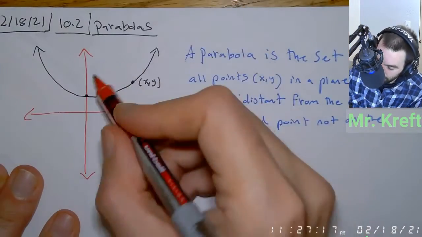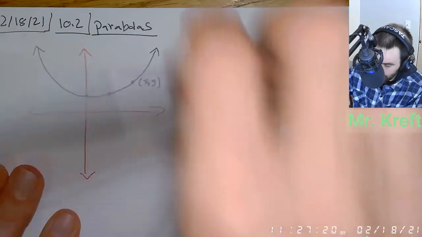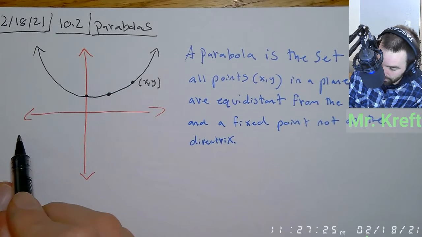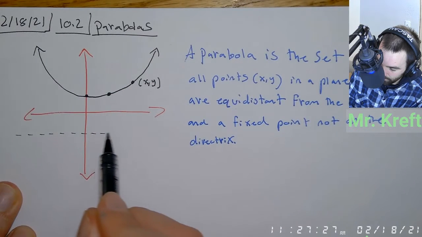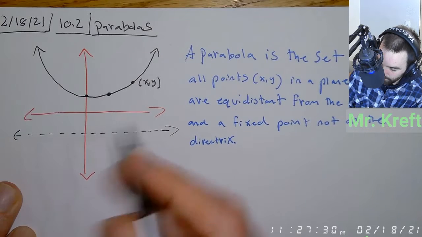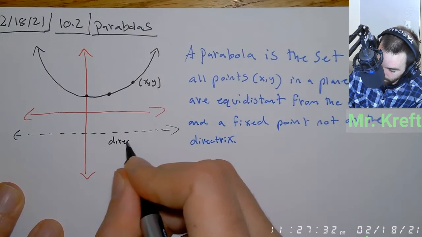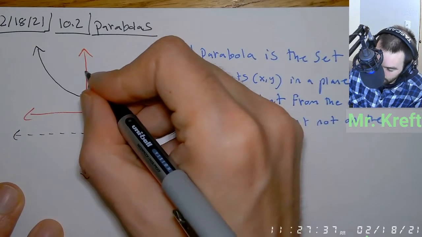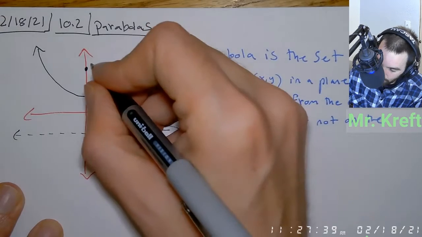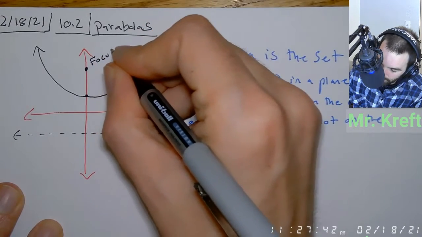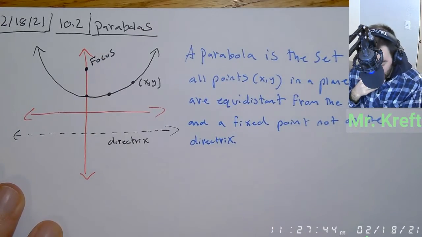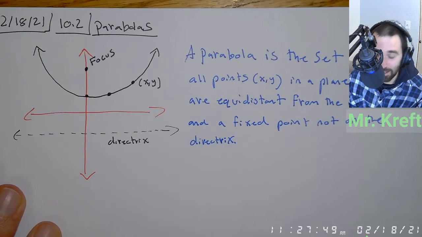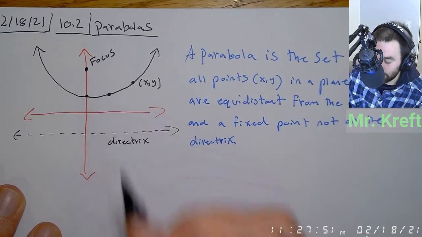Okay, what we're saying here is that we're going to have a directrix. Okay, so that is a line, and then a point not on that line, and this point is called the focus. And it's called a focus for a reason, and I'll talk about that today before we leave. Okay, so that's going to be a focus.